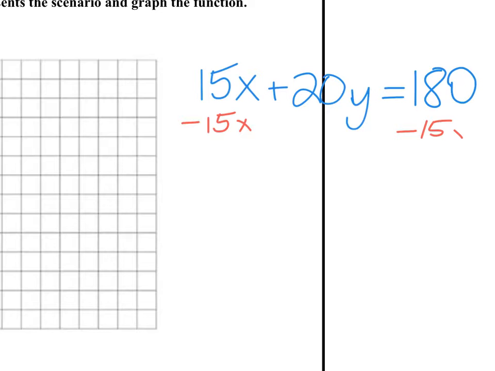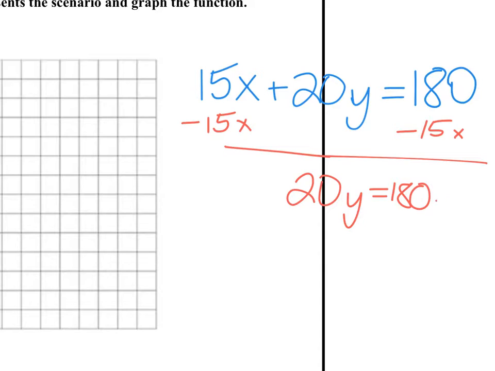And then we get 20y equals 180 minus 15x. Now divide by the number in front of y to get y by itself. We just did 180 divided by 20. We know our y-intercept should be 9.